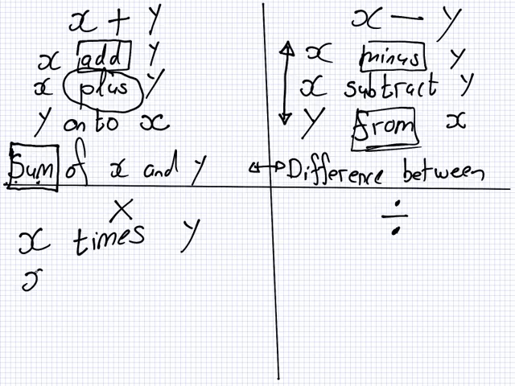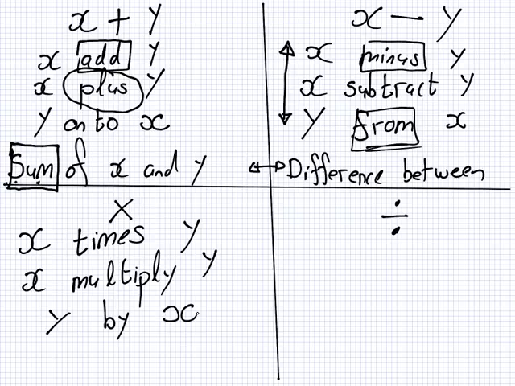We also have X multiply Y. We also have Y by X. Yeah. And the last one is very hard. It's the product of X and Y.